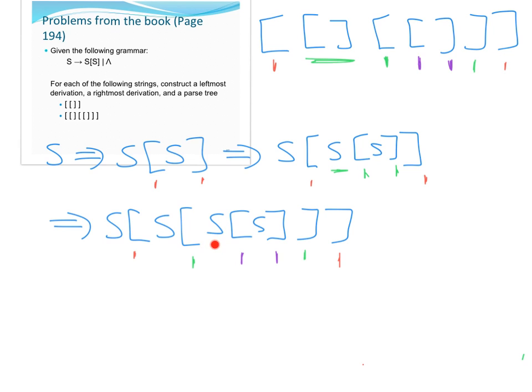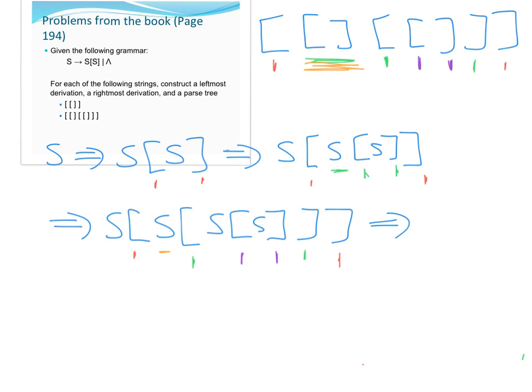So this one's going away, and then this one needs to expand to another set of brackets. We can't expand this one to another set of brackets yet, but eventually, that's going to be the orange brackets, and let's make that orange instead of green. Okay. So again, we're doing a rightmost derivation. So we need to expand this S. So we will expand that one just into a lambda now, because that's kind of done.